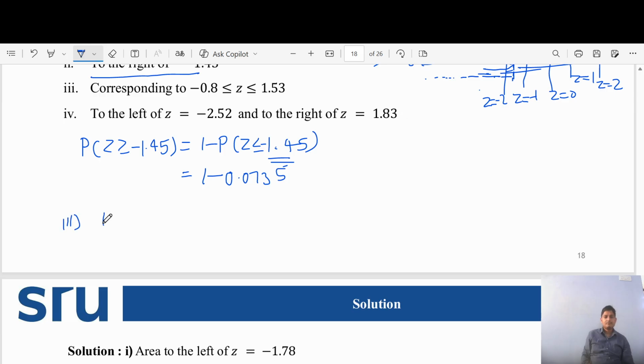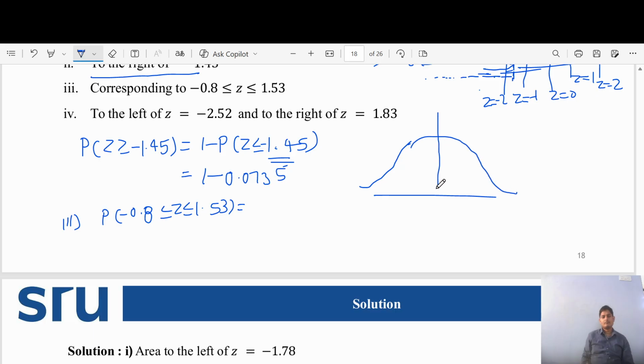Third part is P of minus 0.8 to Z 1.53. How do we evaluate these things? Draw this normal curve. Z is equal to 0, Z is equal to 1, Z is equal to 2, Z is equal to minus 1, Z is equal to minus 2.